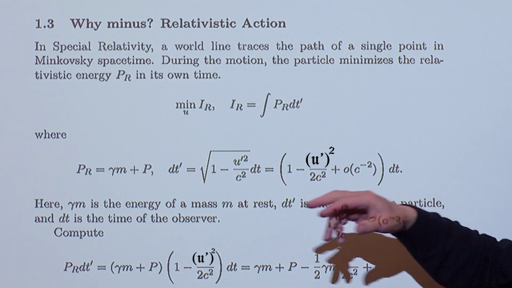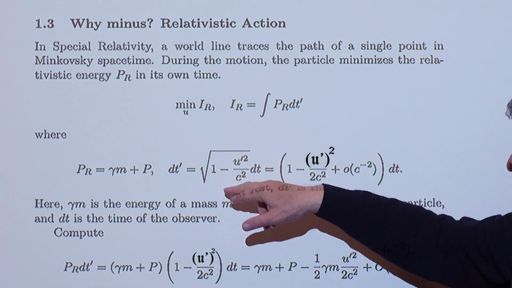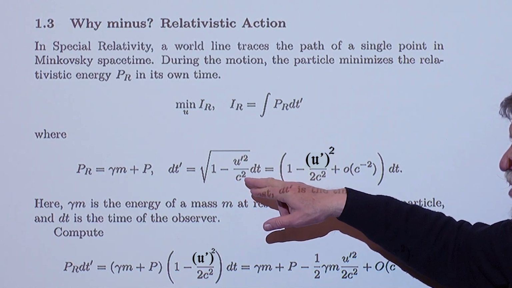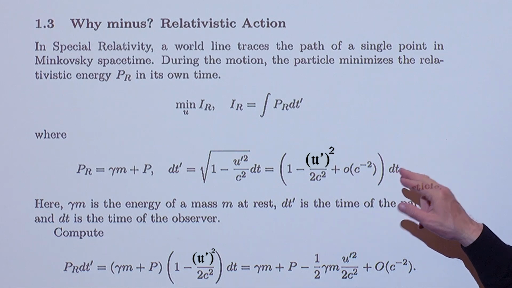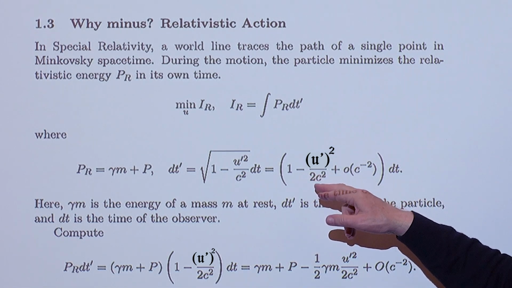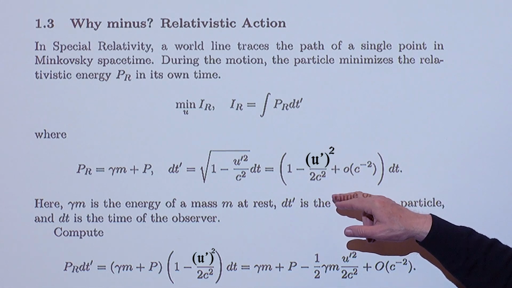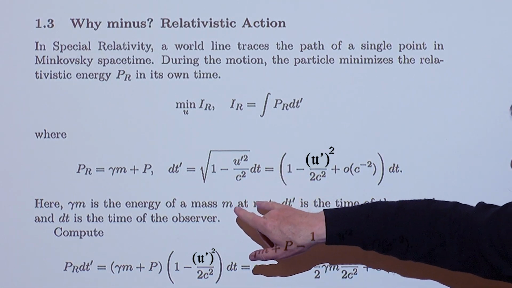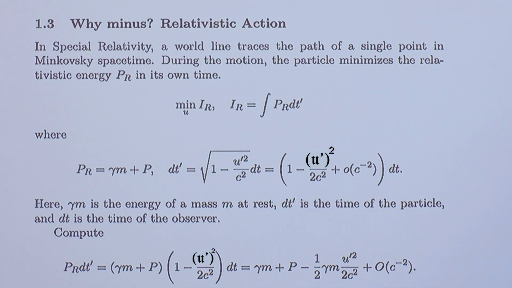If we expand this into a Taylor series, and notice that this difference is very, very small, we obtain this expression: 1 minus u prime squared divided by 2c squared, plus something smaller. Now, if we substitute these two expressions into this product, we will get that expression.